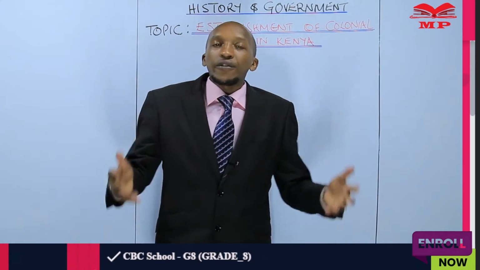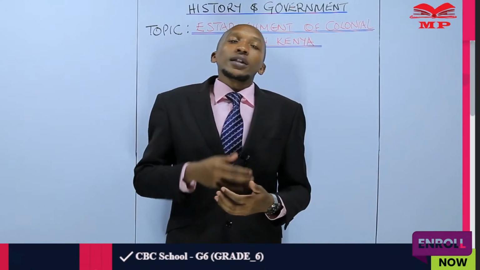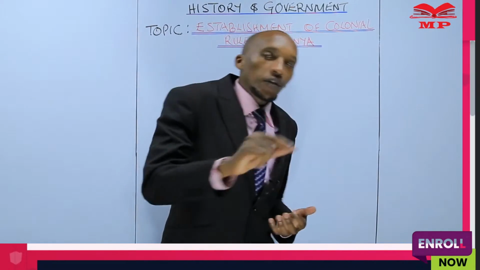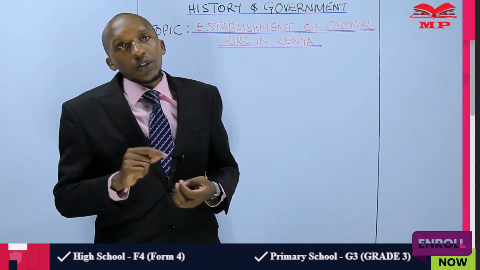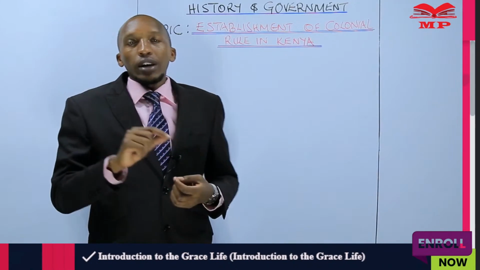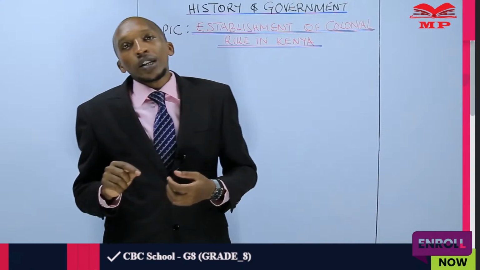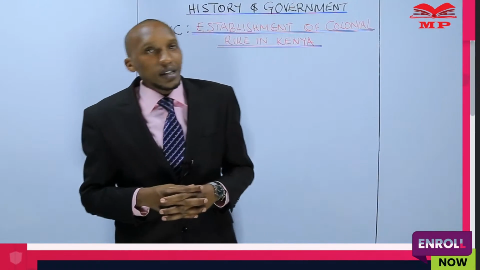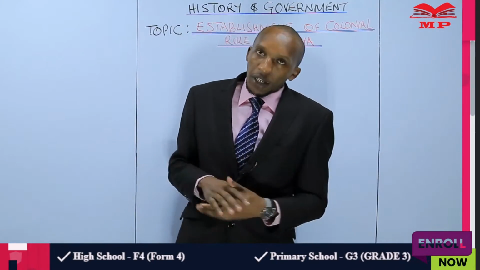And then after the scramble, they sat down during the Berlin Conference, if you can remember, that was held in which year? You should be able to know the year in which the Berlin Conference was held, that was led by Otto von Bismarck, the Chancellor of the German Republic then.